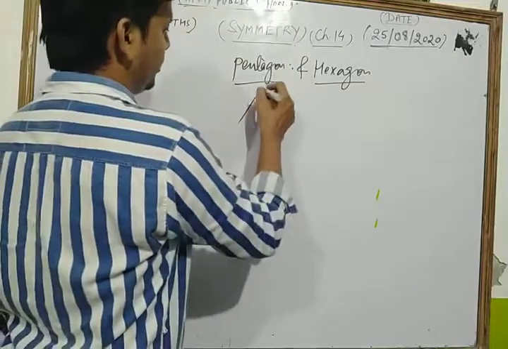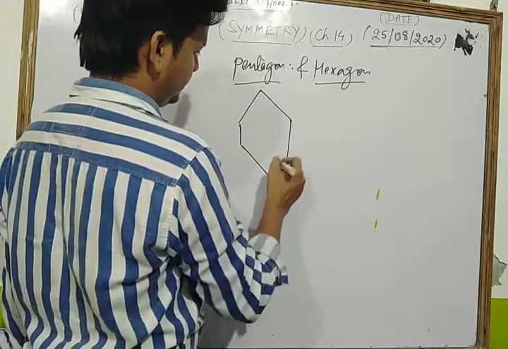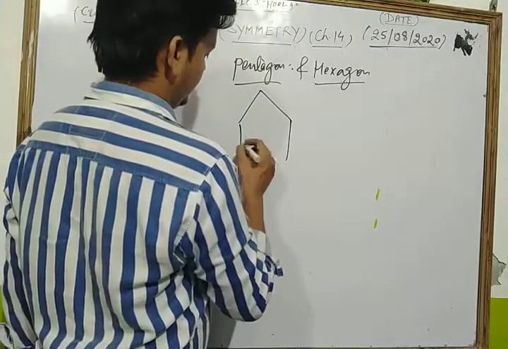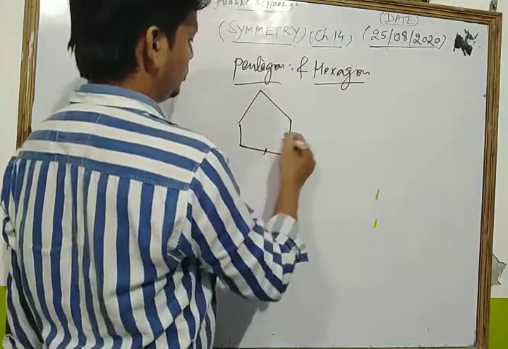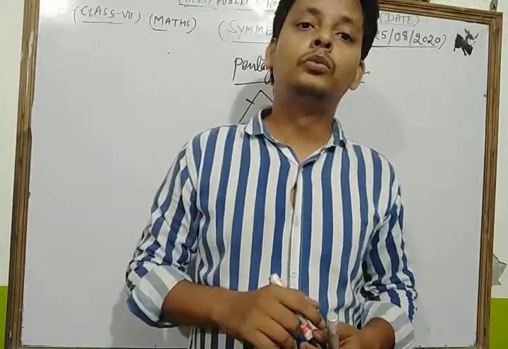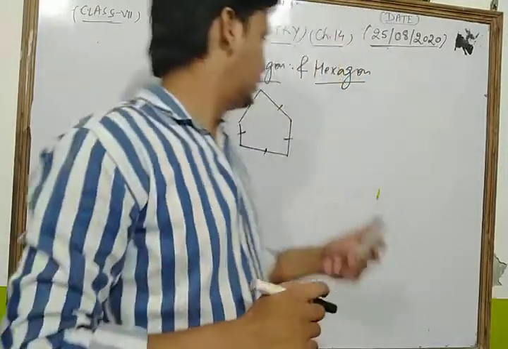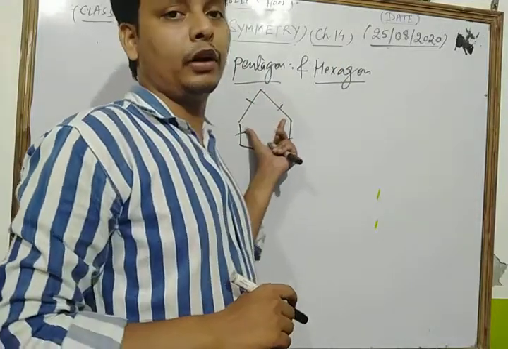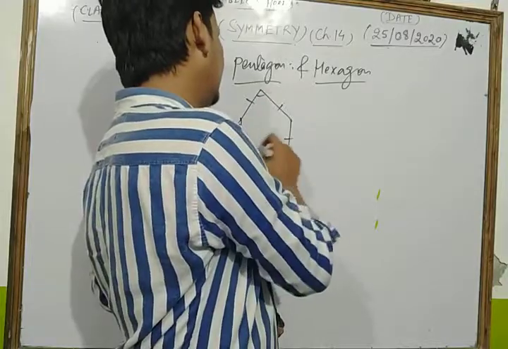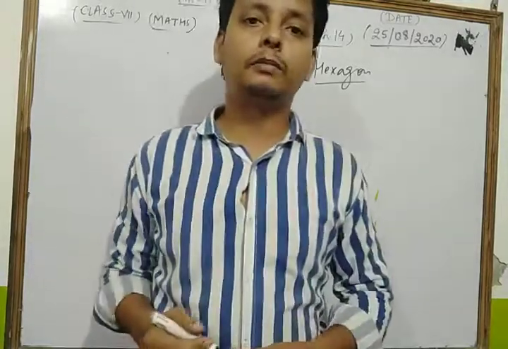Let's see the shape: one, two, three, four, five. All sides are equal and each angle measures 108 degrees. So the pentagon has five sides, all sides are equal and each angle is equal to 108 degrees. So it is also an example of a regular polygon.